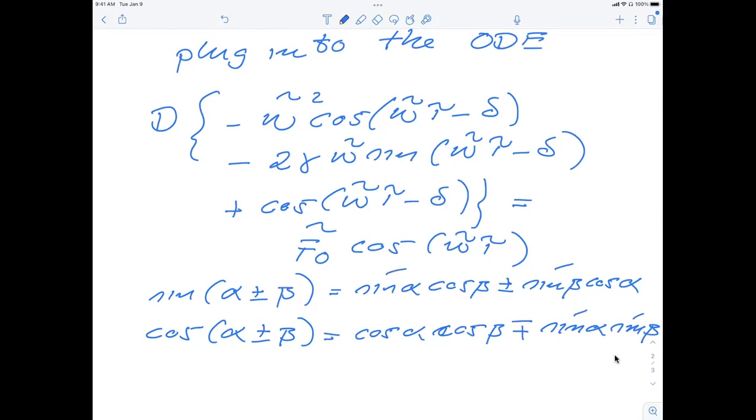Now, if you look at the equation up here, the differential equation, we actually have a cosine with an omega t minus a delta. So we could use the cosine of alpha plus minus beta. And then we have a sine, so we could plug in that expression for the sine.